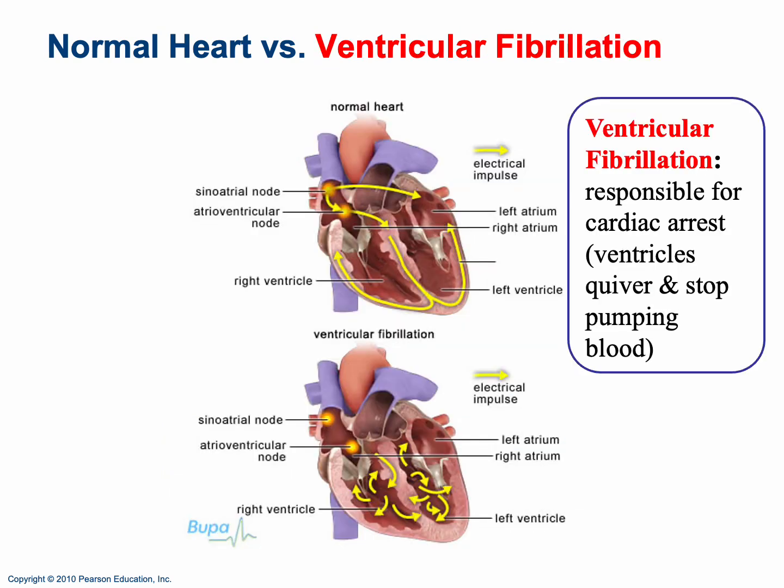This image is looking at a normal heart versus ventricular fibrillation. We briefly went over that when we looked at our electrocardiogram pictures. Ventricular fibrillation is definitely more serious than AFib. Ultimately, someone gets into this because they go into cardiac arrest, maybe because of an acute heart attack.